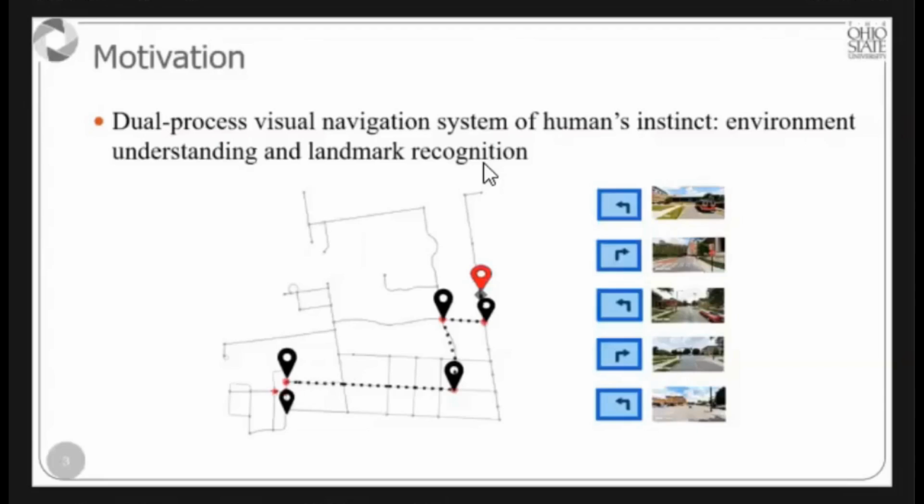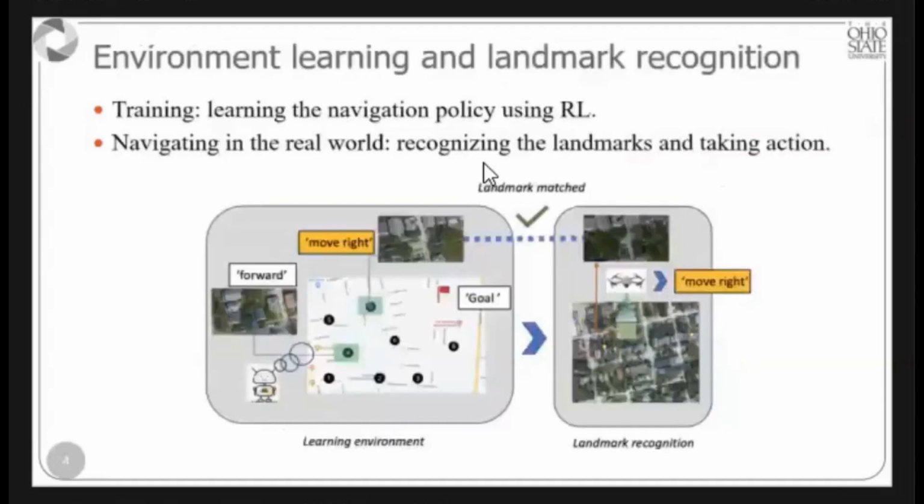Ideally, our problem is divided into two phases. The first is that the agent learns the navigation policy using reinforcement learning in a specific environment. To achieve this, we design an interactive environment for the training process.